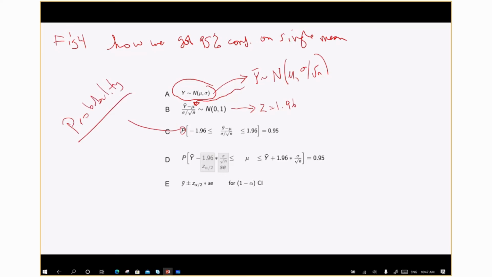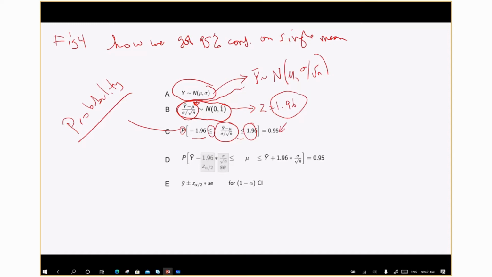Once we know that y bar minus mu, divided by sigma over root n, has a standard normal distribution, and our z value from the z table is 1.96, we can come up with this relationship: the probability of this random variable being greater than minus 1.96 and also less than positive 1.96 is going to be equal to 0.95.